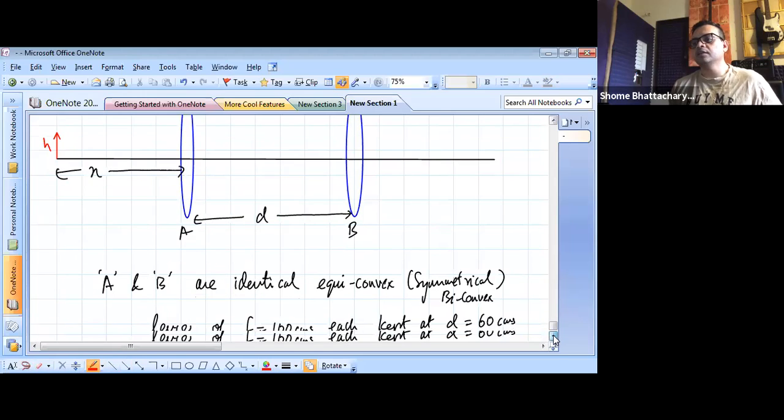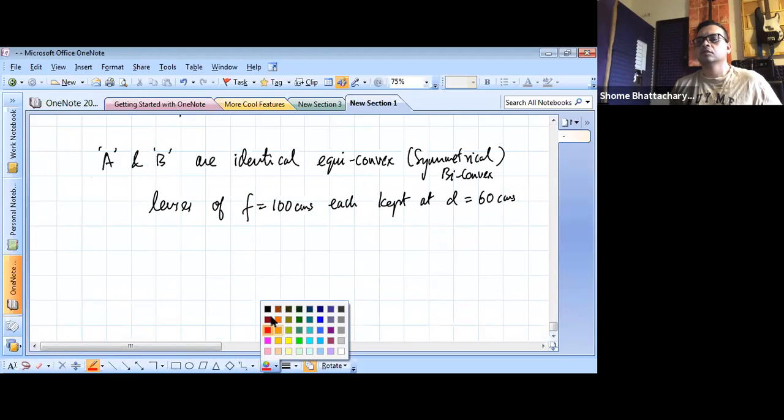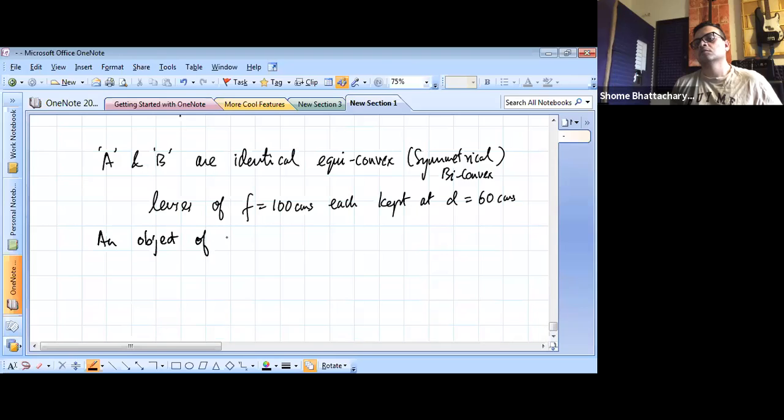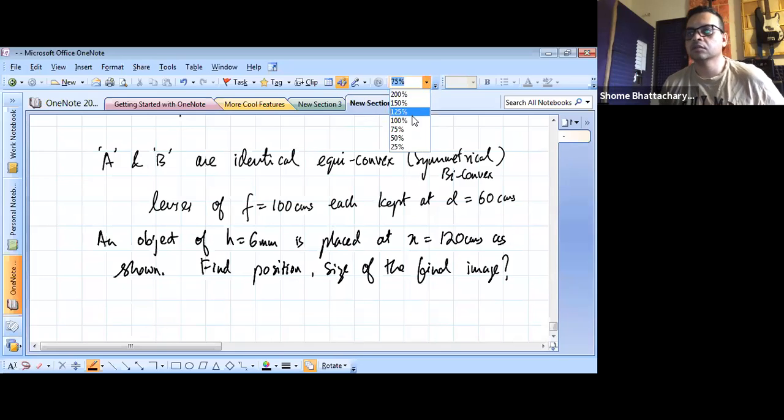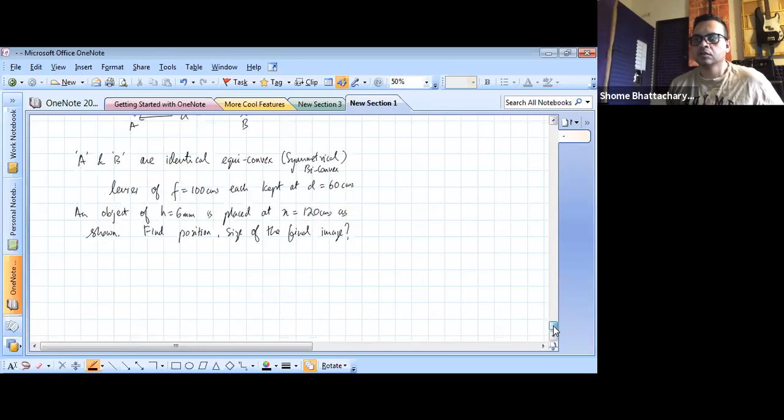So we have an object of height 6 millimeter placed at x equal to 120 centimeters as shown. Find the position and size of the final image after refraction through both the lenses. Let's try this out.